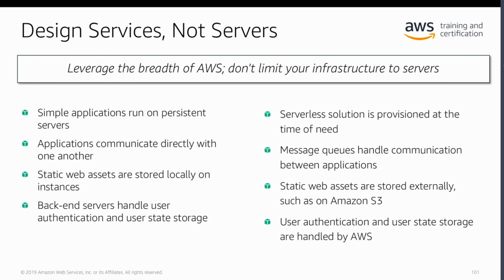So don't just limit yourself to things like EC2 instances for managing infrastructure for everything, when there are services out there that can help you optimize your applications and let you focus on the code, and also not have to worry about the patching and the management of a lot of this stuff over time.